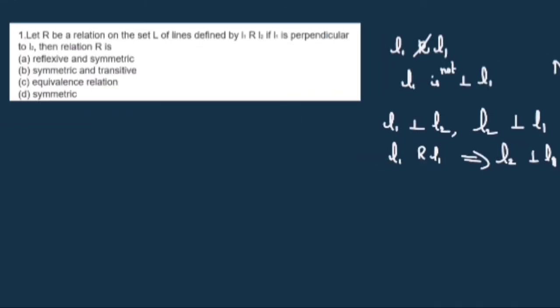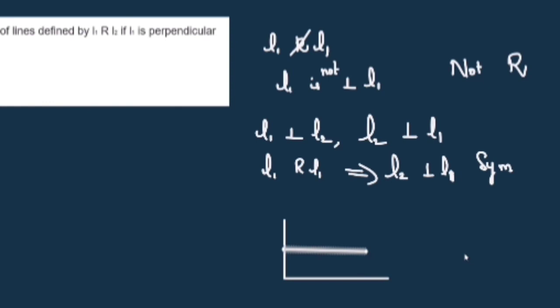Is it transitive? So let us take these three lines, L1, L2, L3. Here L1 is perpendicular to L2. Now L2 and L3 are perpendicular. Now can you say L1 and L3 are perpendicular? L1 and L3, are they perpendicular?